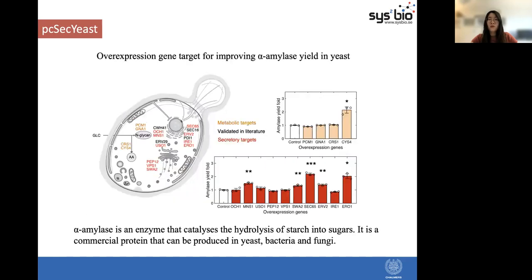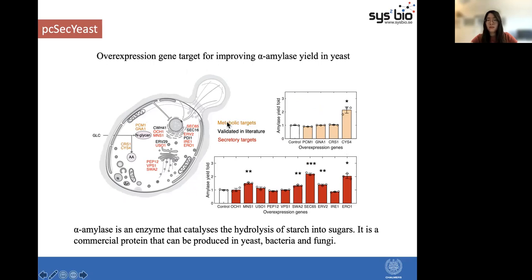By doing so, we have a much more complex model so that we can simulate more delicate phenotypes of yeast. And here I show, using this model, we are able to identify some gene targets to improve the alpha amylase yield in yeast.